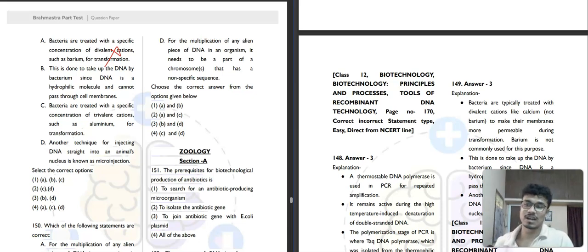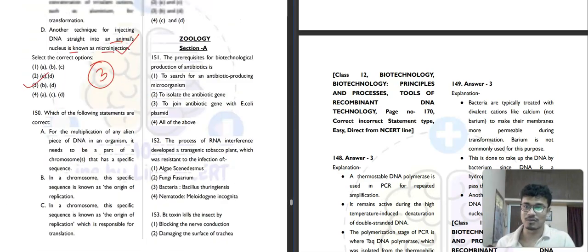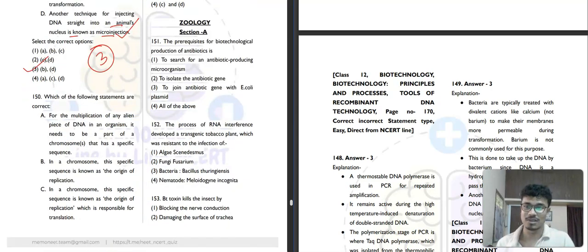Then this is done to take up the DNA by bacterium since DNA is a hydrophilic molecule and cannot pass through the cell membrane. Correct. Then bacteria are treated with the specific concentration of trivalent, obviously not, so this is incorrect. And another technique for injecting DNA straight into animal's nucleus is known as microinjection. Correct. So the correct statements are B and D, third option will be your correct answer. So now we will move towards the last question of this botany part, question number 150.